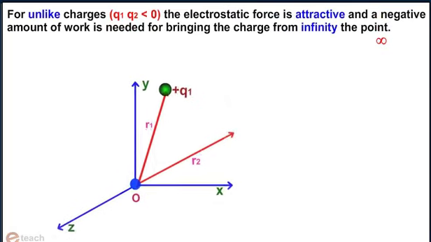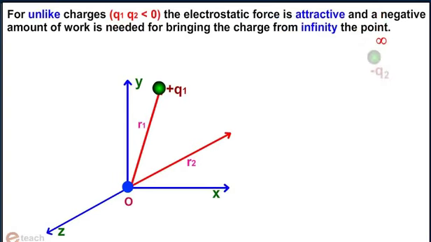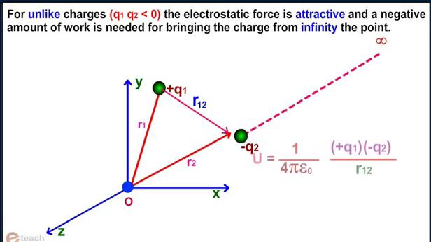For unlike charges, q1 q2 is less than 0. Since the electrostatic force is attractive, a negative amount of work is needed for bringing the charge from infinity to that point. Let us consider the case when charges are plus q1 and minus q2.